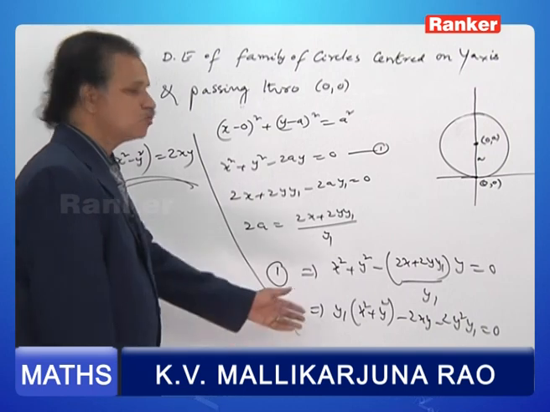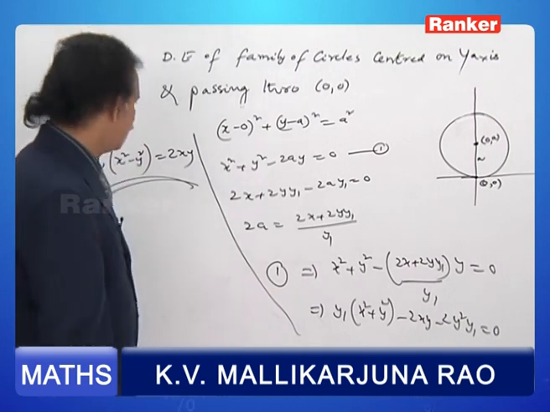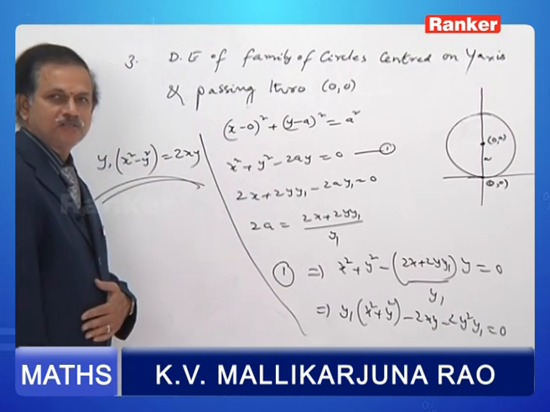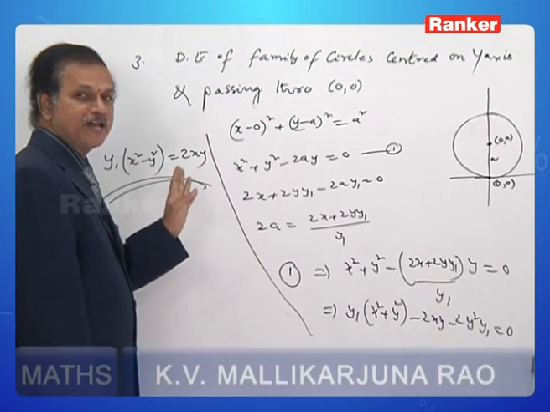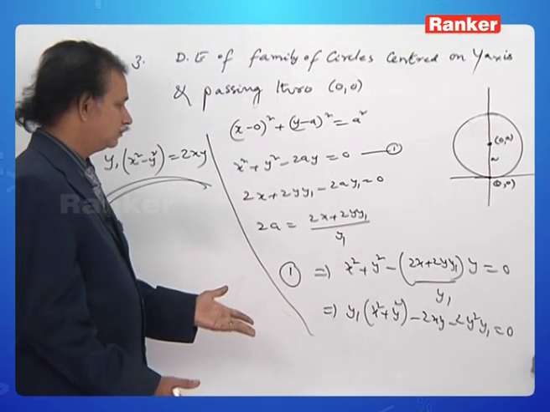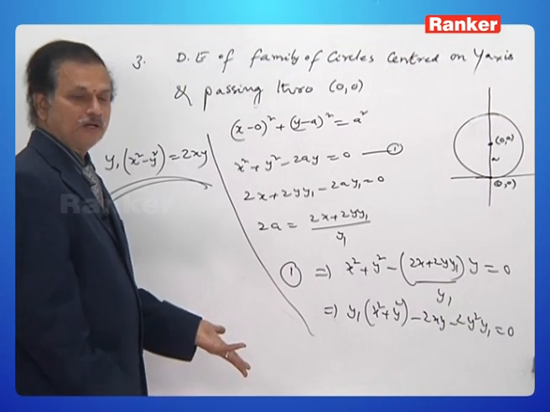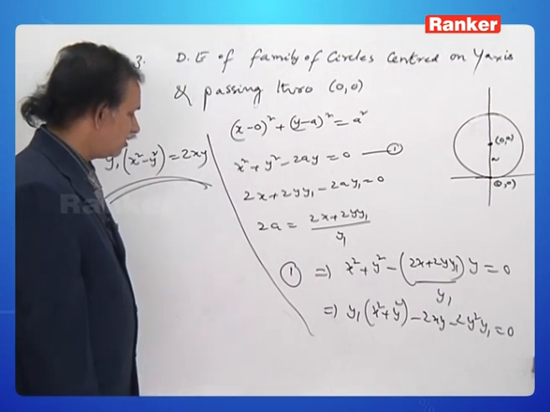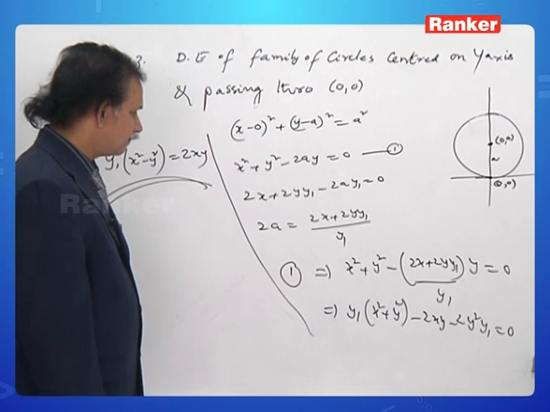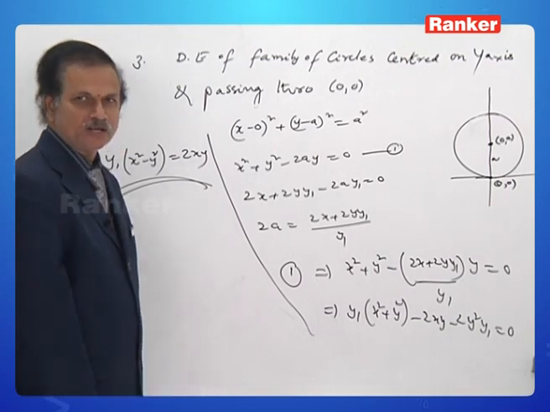In this way, we get it. Moreover, what is the order and degree of this equation? This is of first order and first degree only. No question of y1 square here. First order and first degree.